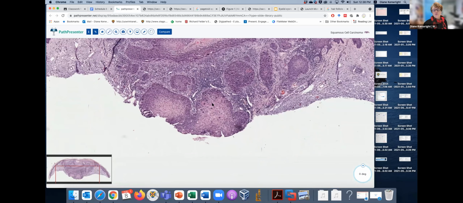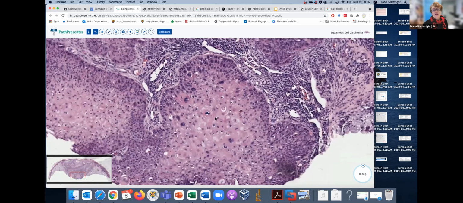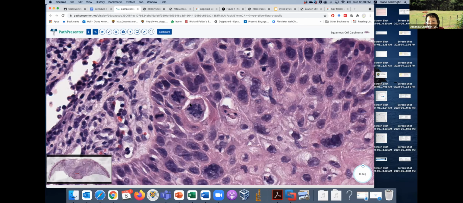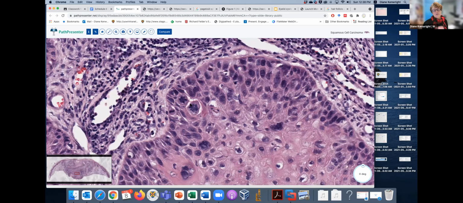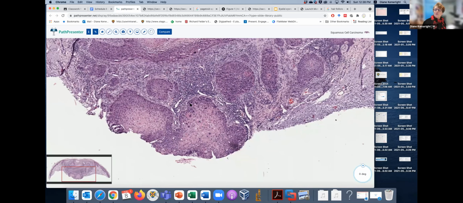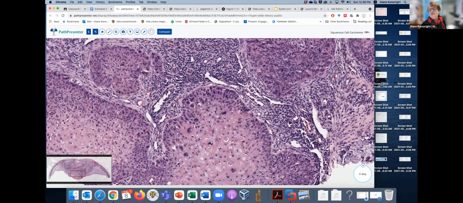Is this benign or malignant? Well, have a look at this pleomorphism and these atypical mitoses. That is ugly. This is clearly very malignant. So it could be a squamous cell carcinoma with quite a lot of basaloid areas, or it could be a BCC showing squamatization.